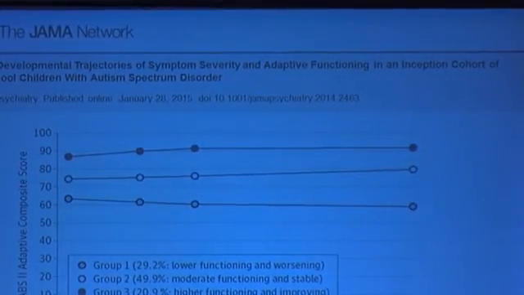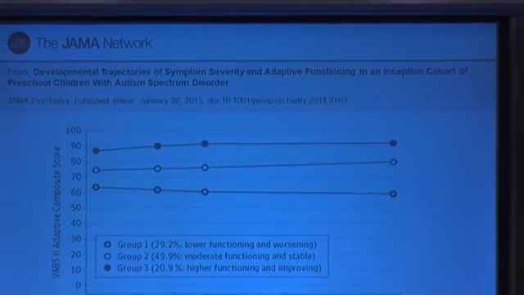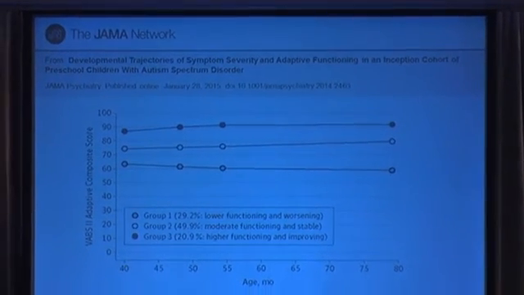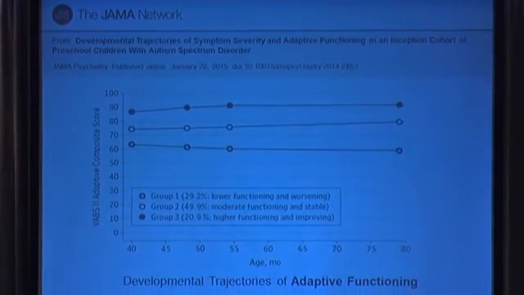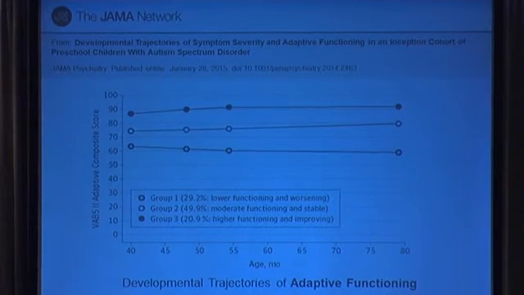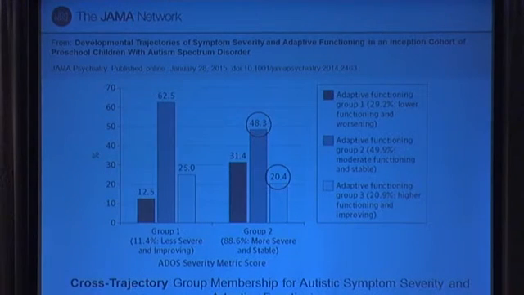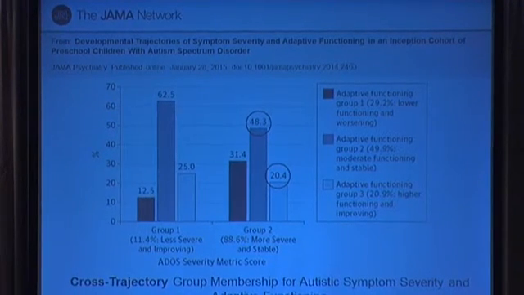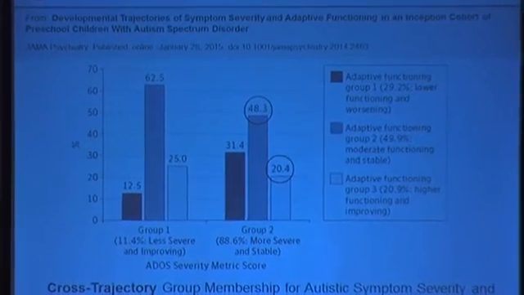But really, the important question is on the next slide, and it tries to answer whether or not your membership in a trajectory of diagnostic autistic symptoms is linked to your membership in a trajectory of adaptive functioning. And as you can see from this graph, which is a little bit complicated to explain, but I will walk you through it, the answer is not always.